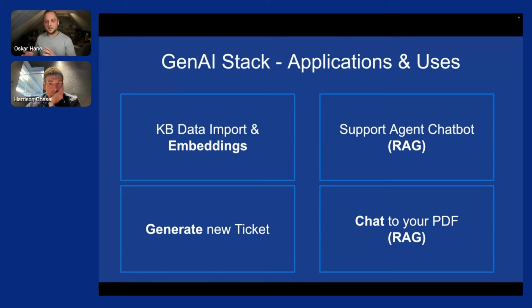The next one is a support agent chatbot, where it's a chat where you can ask programming questions, and you get answers for those from the data that was imported using the first application. And in the support agent chatbot application, we also have a feature where you can generate a new ticket.